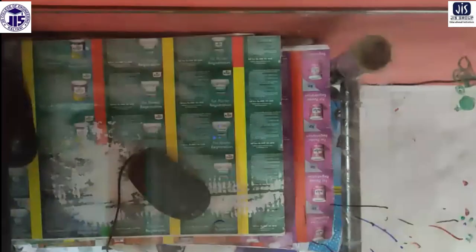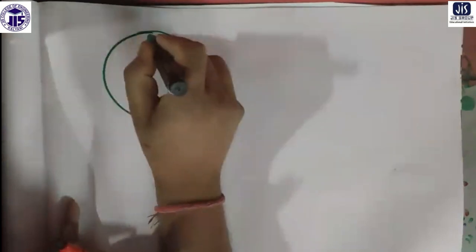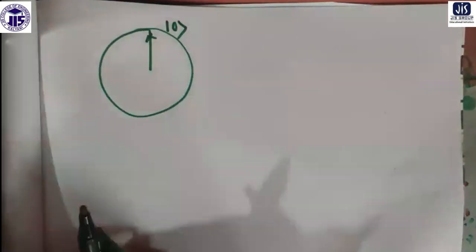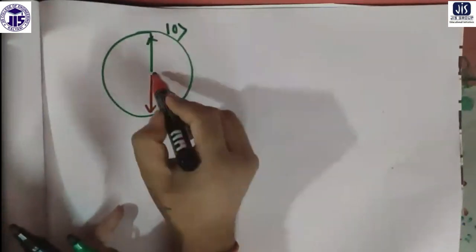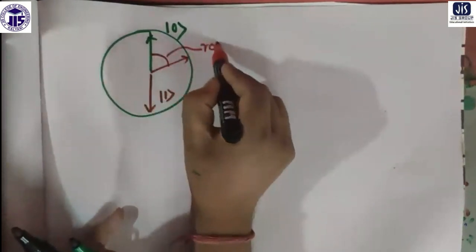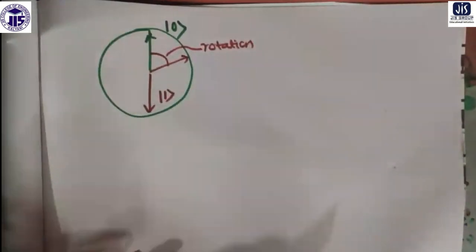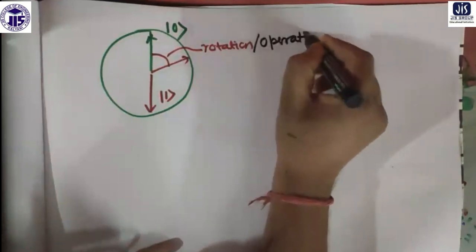Now, to keep it simple, if this is my Bloch sphere representation, this is the 0 state and this is the 1 state. Now these are the intermediate states. How do I achieve them? Through rotation. Rotation is an operation.